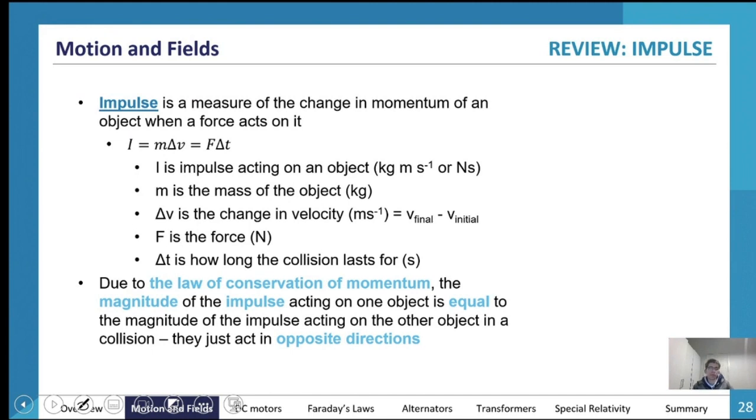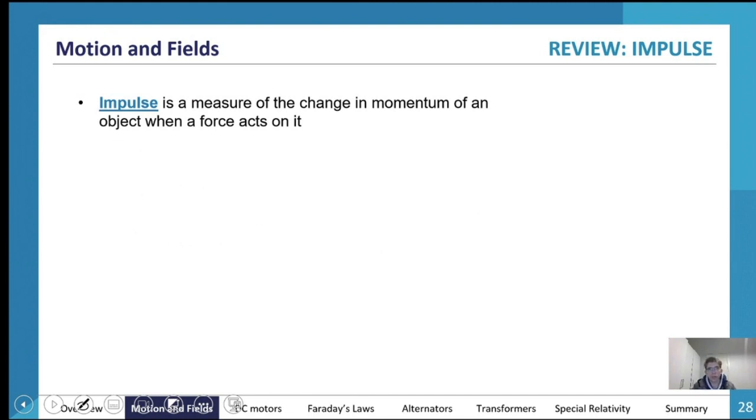How about impulse? What do we need to know about impulse? Now, actually, let's go back to momentum a bit.